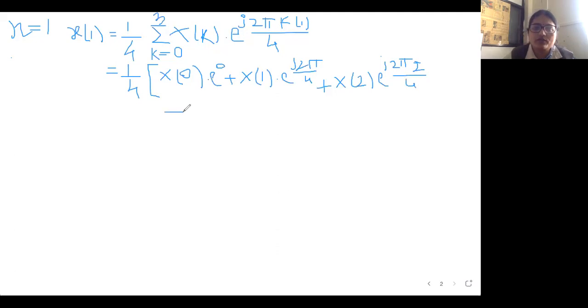And the next value of k is 3, so I am going to substitute here. So this is x of 3 multiplied by e raised to j 2 pi, the value of k is 3, so I am writing here 3 divided by 4.